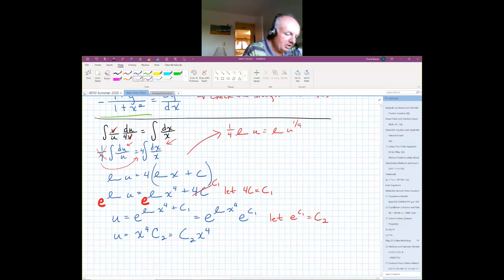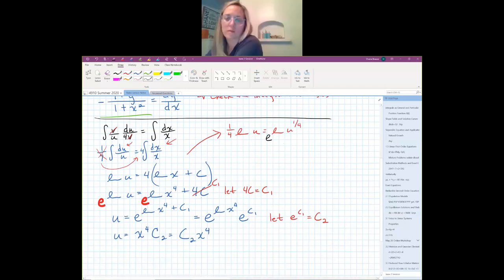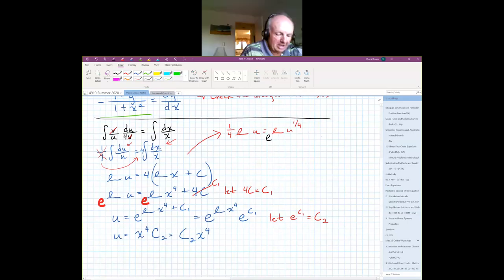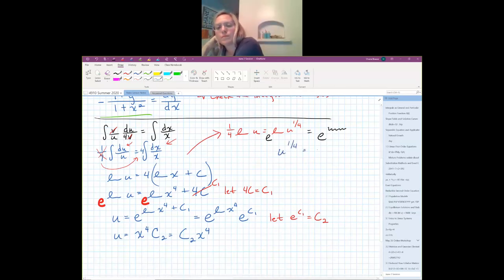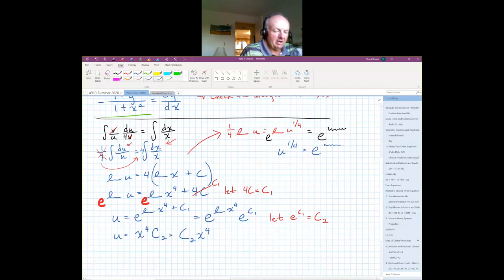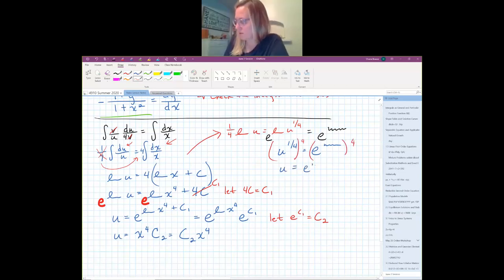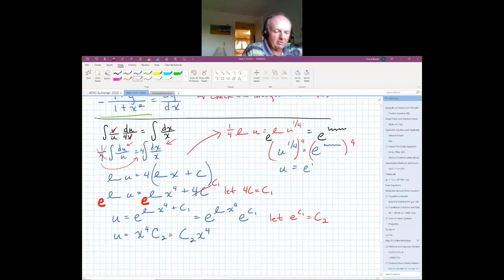Which then you exponentiate, and you have this other side that you're exponentiating too. And you end up with u to the 1/4 equals e to the this stuff, and then raise everything to the 4th power. So it works, but I think it's easier if you dump the 4 over with the x's.